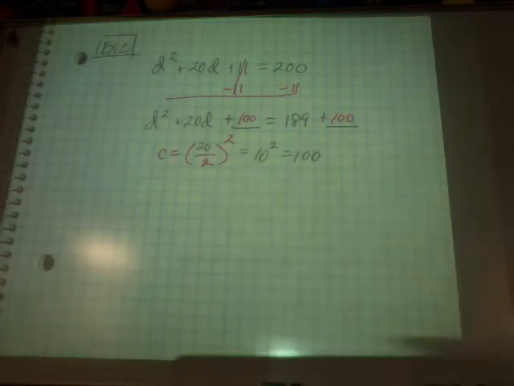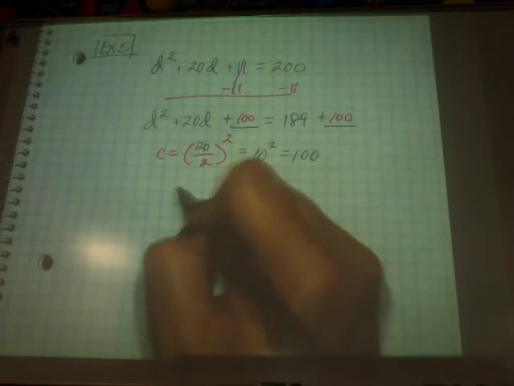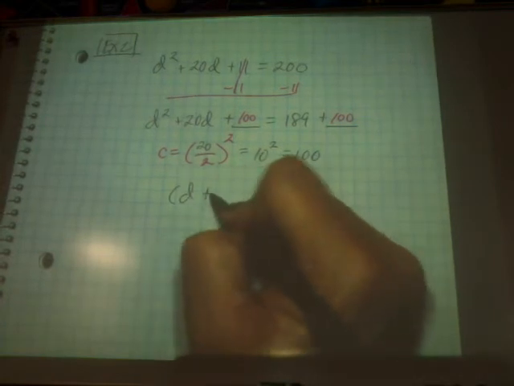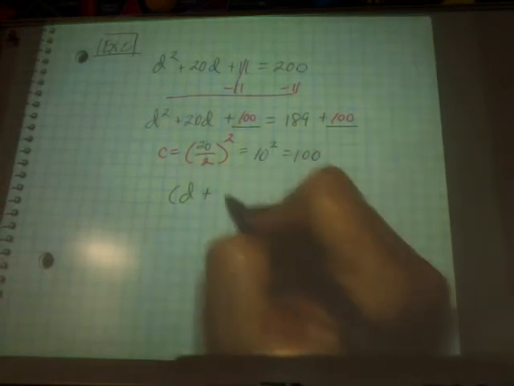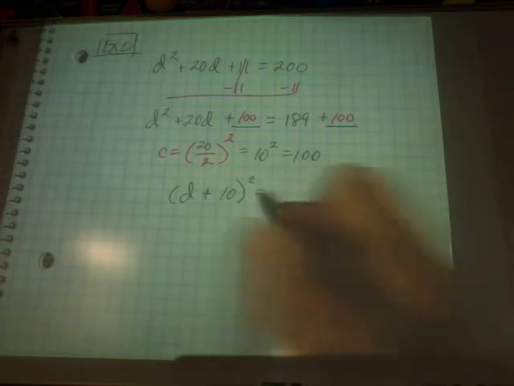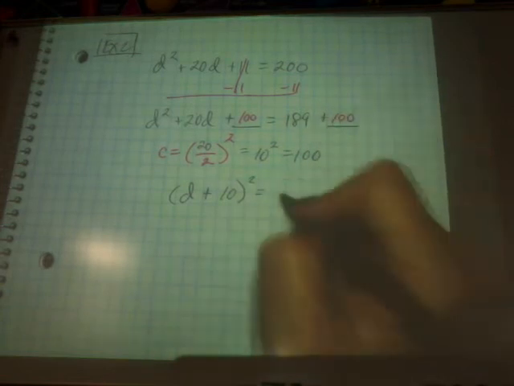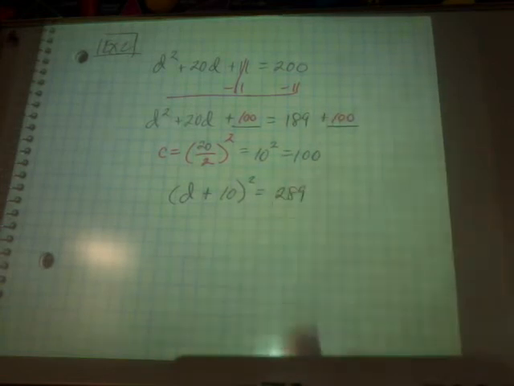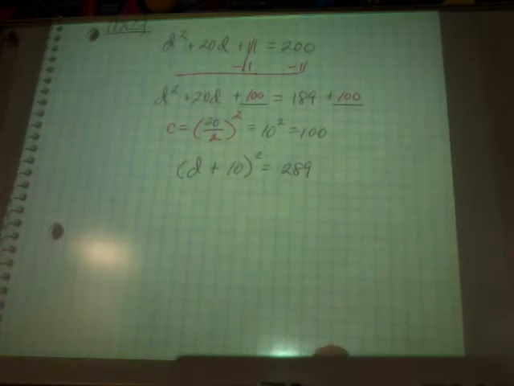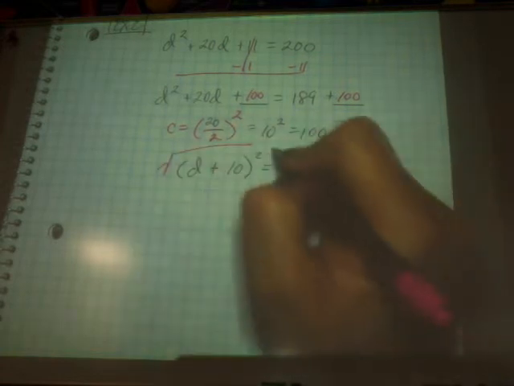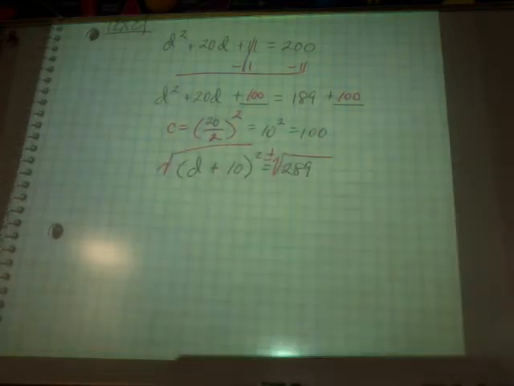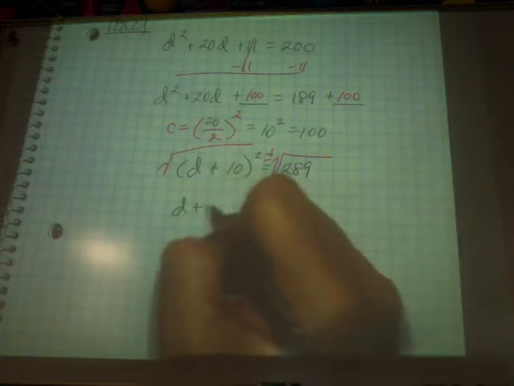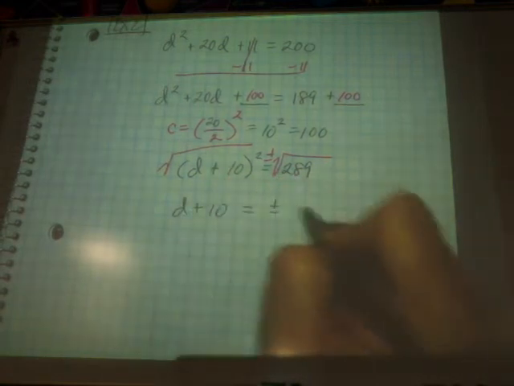So what does the left factor as? d plus, square root of that, 10 squared equals, what's 189 plus 100? 289. Is 289 a perfect square? It is. 17 times 17. And so when you take the square root of both sides, plus or minus, this does turn out nice. d plus 10 equals plus or minus 17.